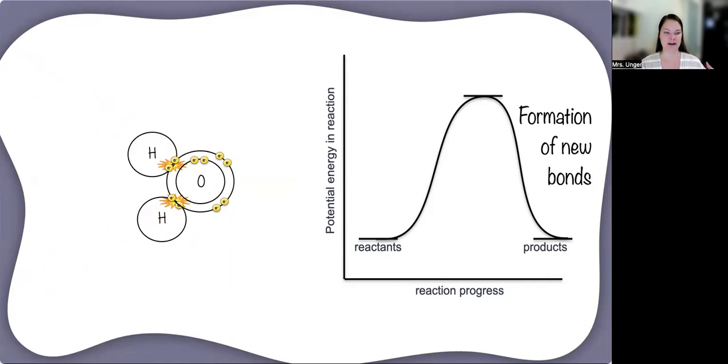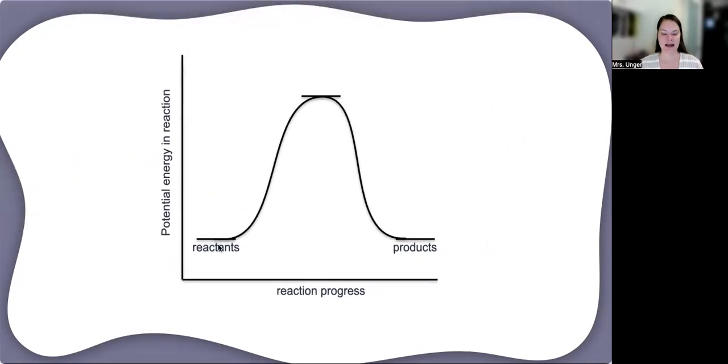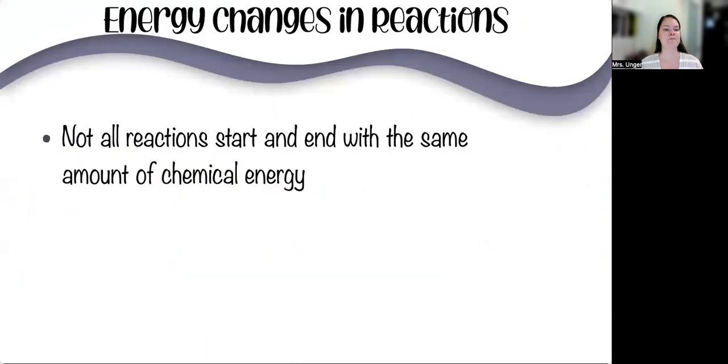We start with an amount of energy. Energy has to get absorbed for the molecule to fall apart enough to want to react. Then once they've become stable again, the released energy is no longer part of the molecule itself. And the difference between the reactants and what we have at the very top of this graph is the activation energy.